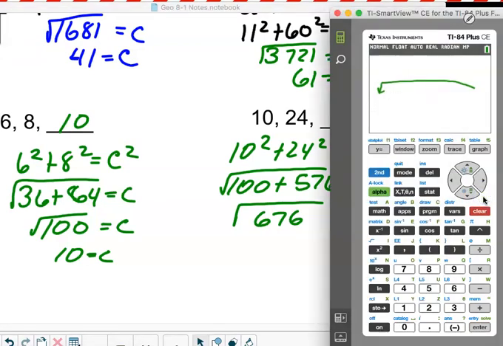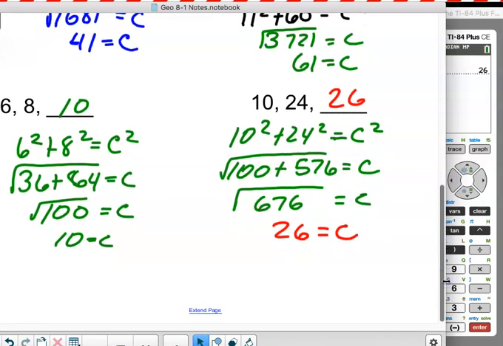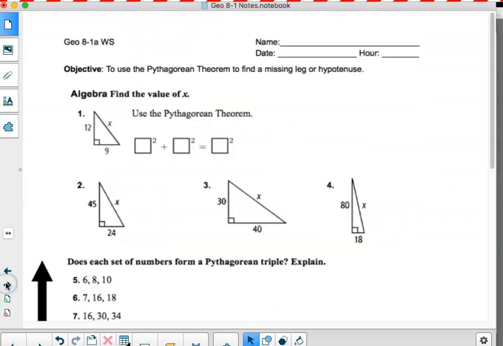So if we take the square root of 676 on the calculator and hit enter, that's 26. Bloom was right, he's got a memory. So 26 is equal to c. That was the last one in our group.